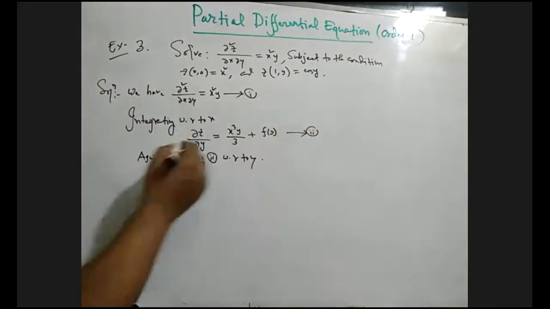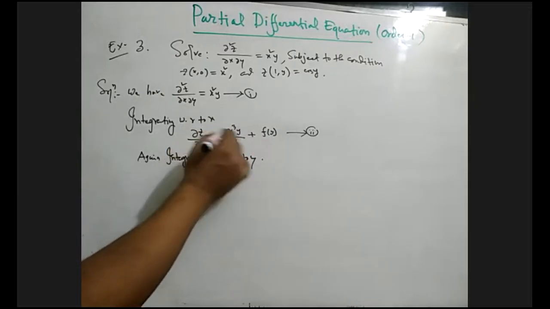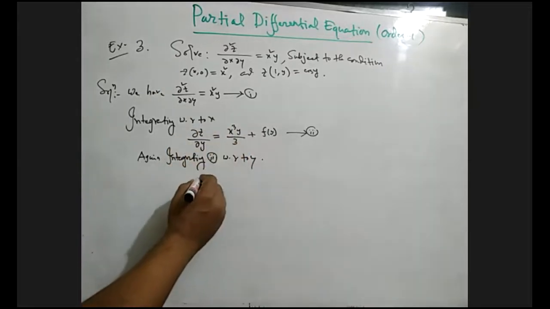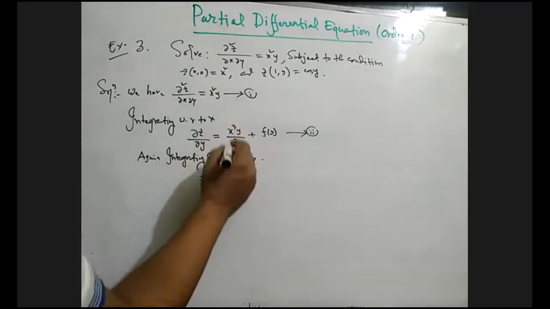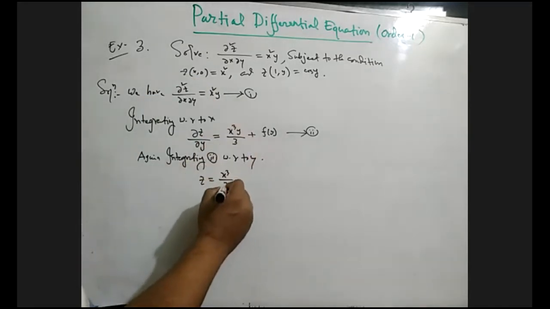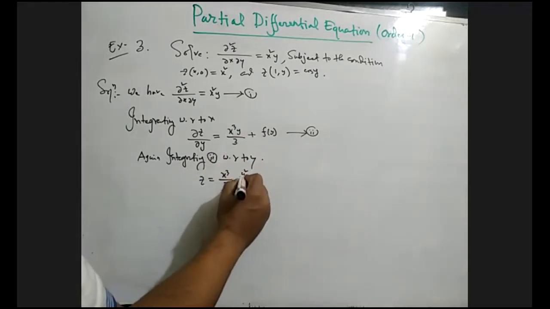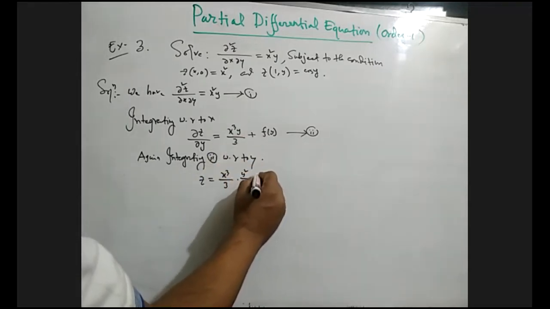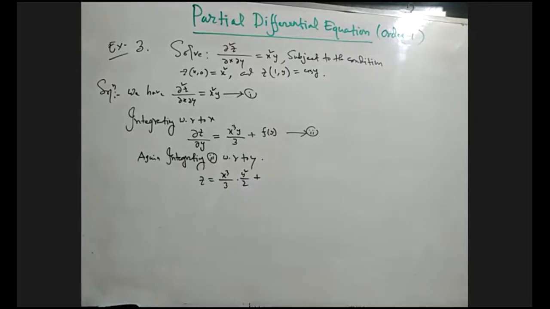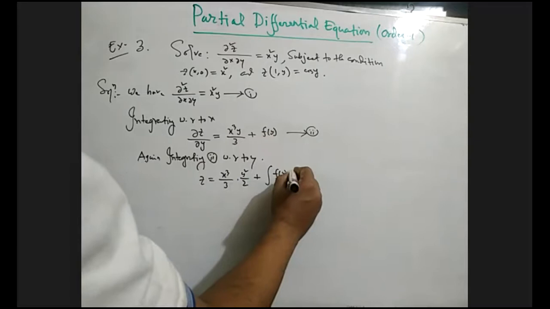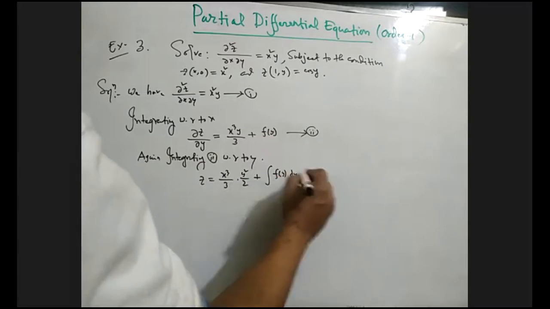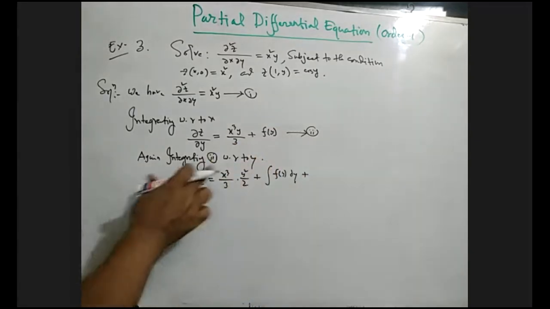Integrating 2 with respect to y, we get z equals x cube by 3 times y square by 2, plus the integration of f of y with respect to y, plus an integral constant which will be a function f of x, because we are integrating with respect to y.